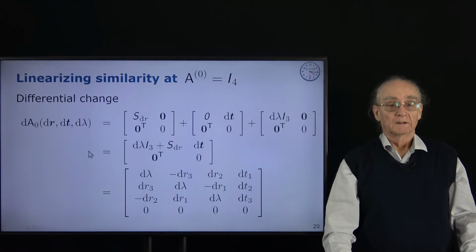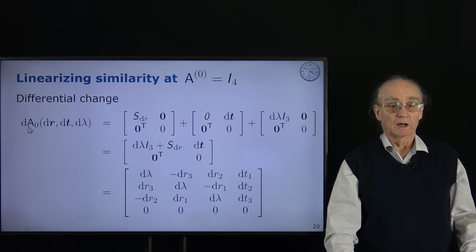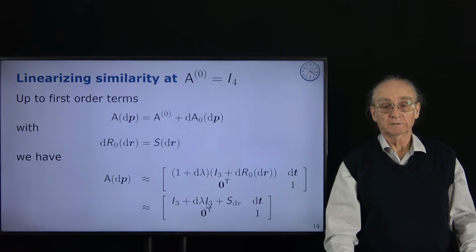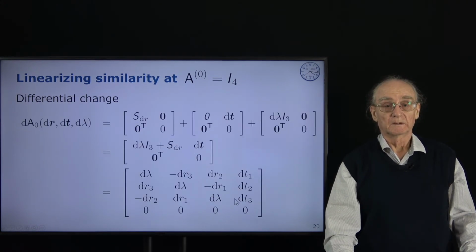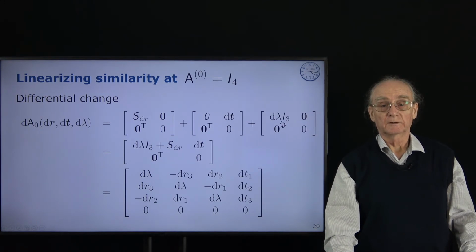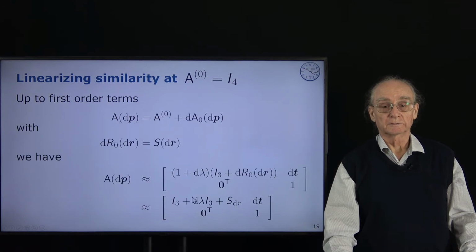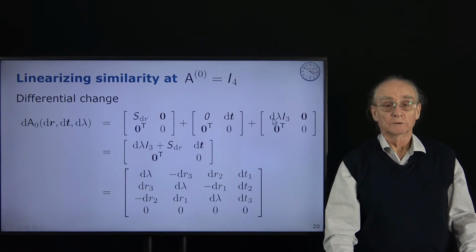So the change is now the skew-symmetric matrix. This is this part. Then we have the dt, and we have the scale part, which is this part. So we can write this in these components, or we can put that together in a matrix, or we can write this matrix out and look at the parameters.